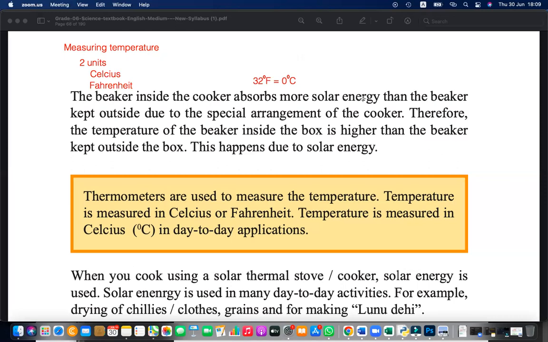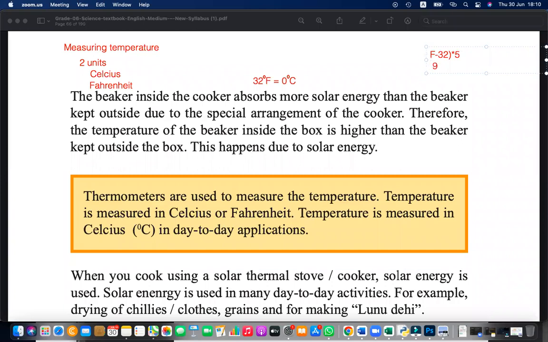There is a formula, but I don't think that you need to know it. This will not be asked in the examination, but in case you need it, if you want to do calculations: F minus 32, multiplied by 5 and divided by 9.